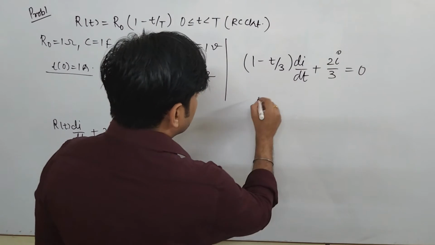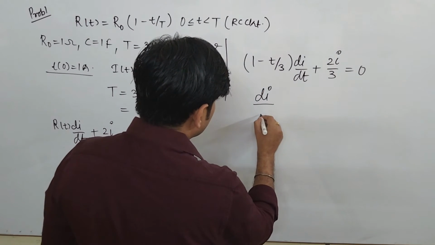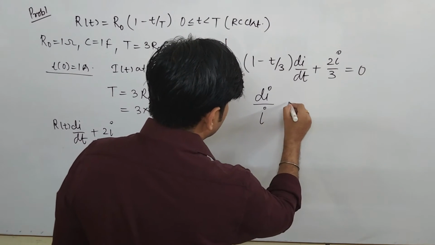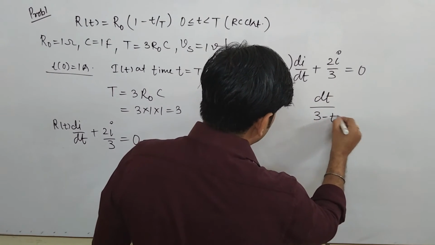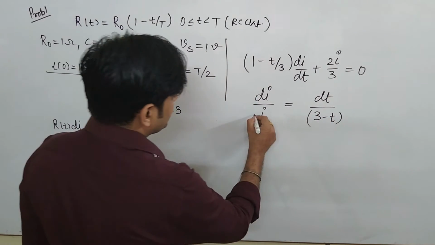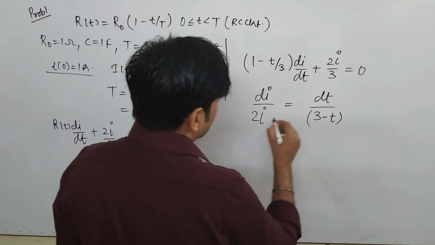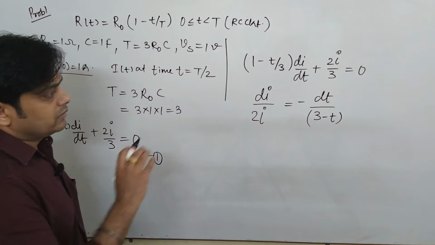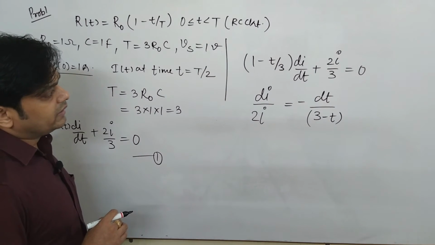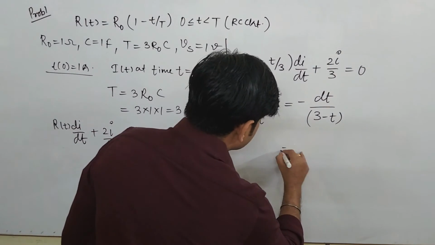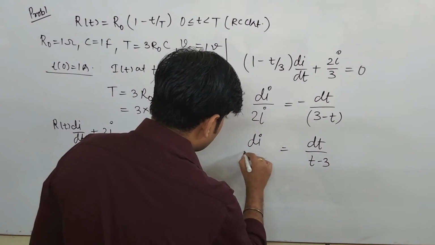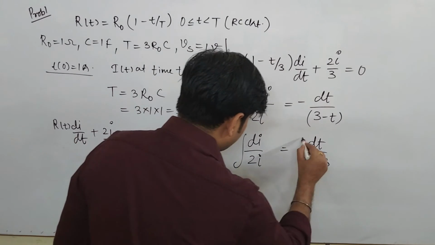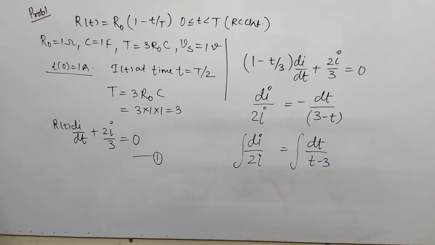So if I rearrange this, there is di by i, that is equal to dt upon 3 minus t, or you can say it is di by 2i, that is equal to, I have done a rearrangement here, dt upon t minus 3. Now simply you have to integrate this and get the answer.